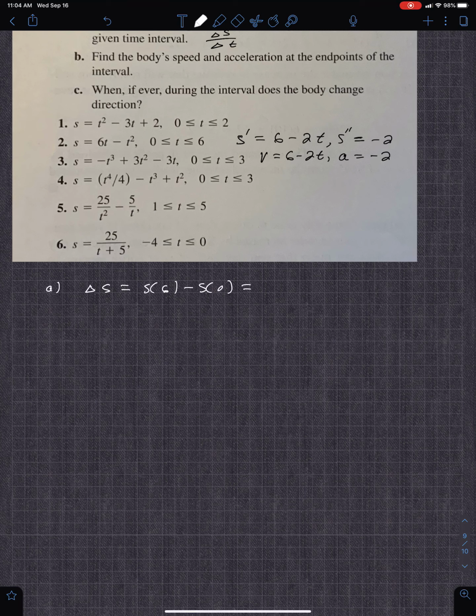You calculate that out and you get 6 times 6 minus 36 minus 0 is equal to 0. So there's no displacement, basically.